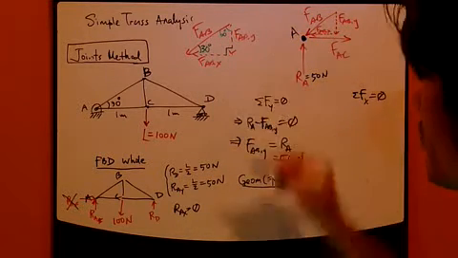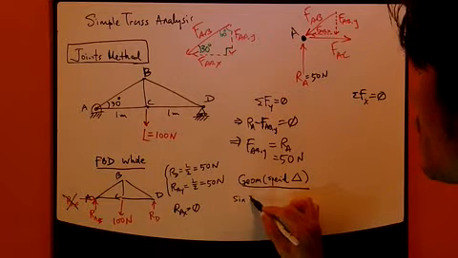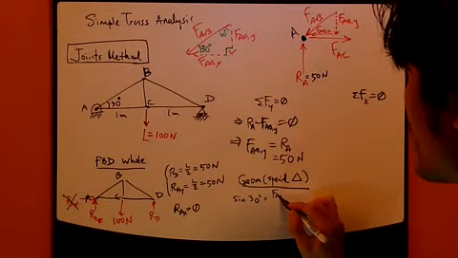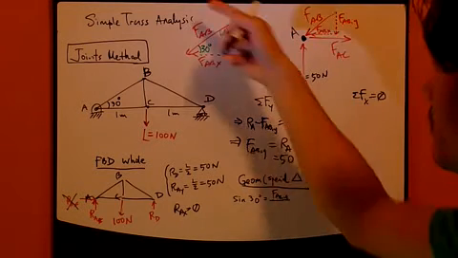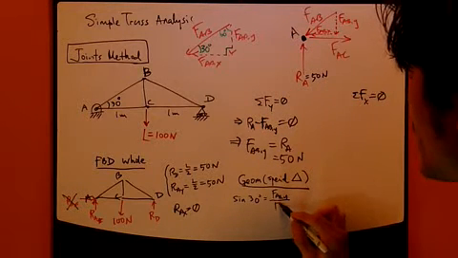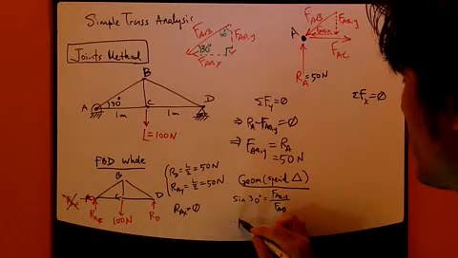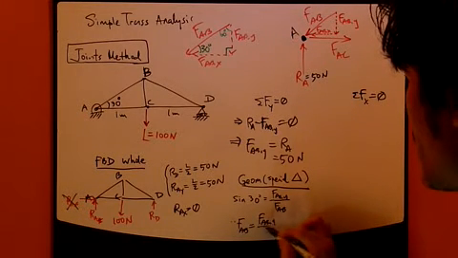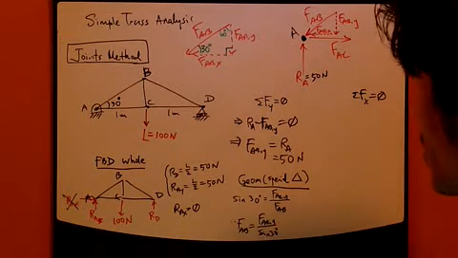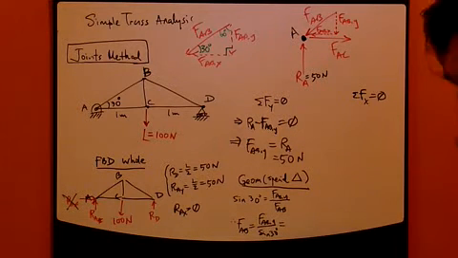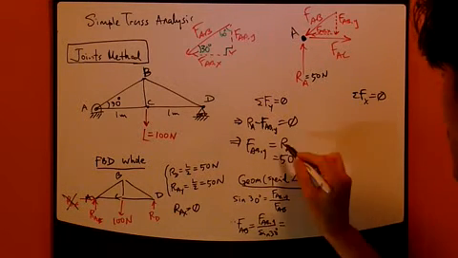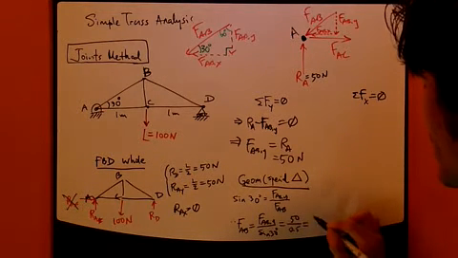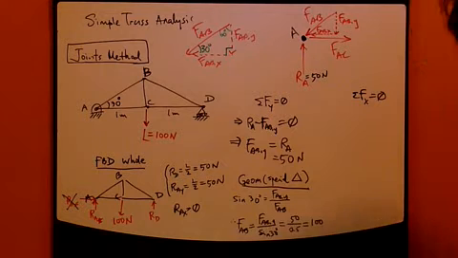Let's say I use sine 30 degrees, which is opposite FABY over hypotenuse FAB. Therefore, FAB equals FABY over sine of 30. Sine of 30 is 0.5. Therefore, 50 over 0.5, so that's 100 newtons.